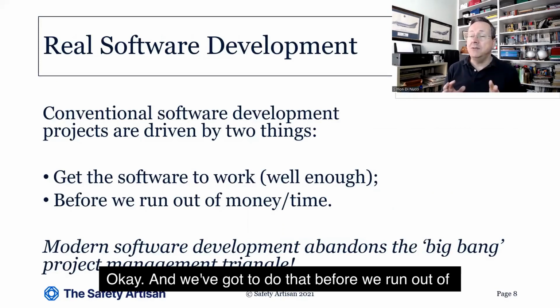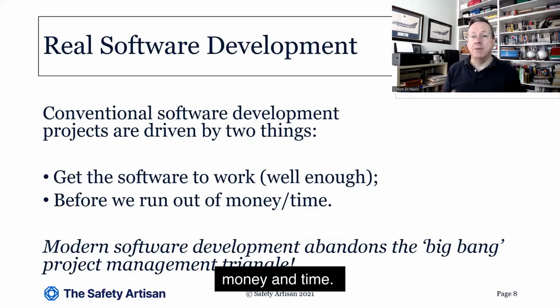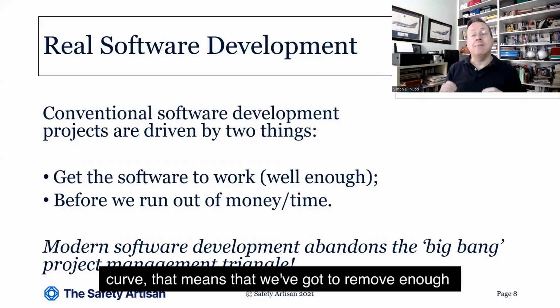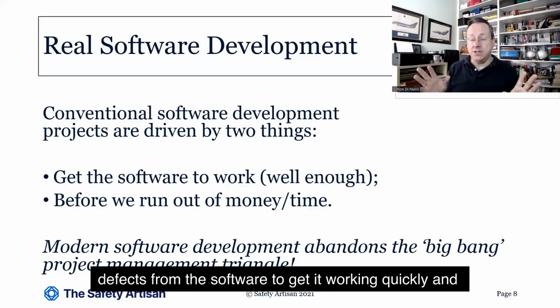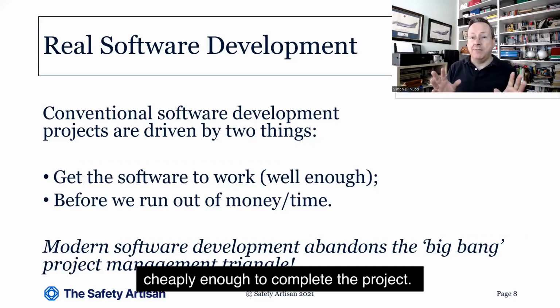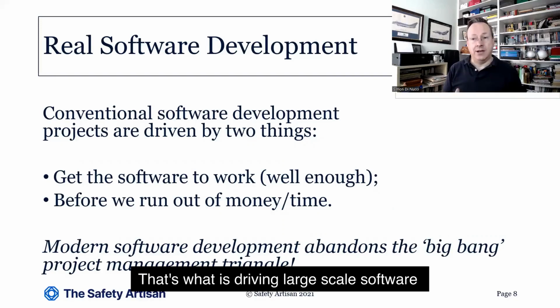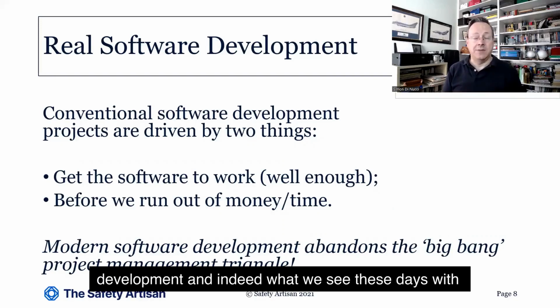And we've got to do that before we run out of money and time. And if we think back to that bug fixing exponential curve, that means that we've got to remove enough defects from the software to get it working quickly and cheaply enough to complete the project, okay? That's what is driving large-scale software development.